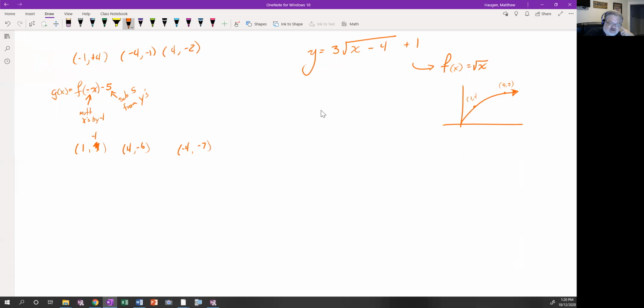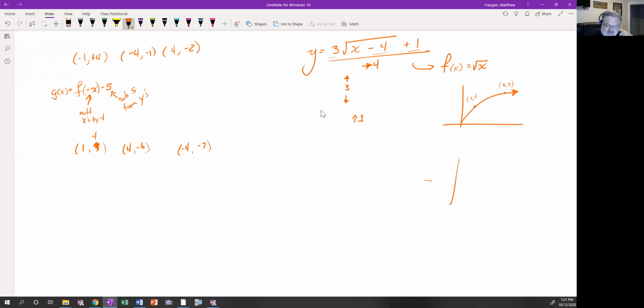What does this graph look like? Well, it's going to go that way 4 units. It's going to stretch out this way by 3 units. And it's going to go up 1 unit, from our horizontal shift, our vertical stretch, and our vertical lift.